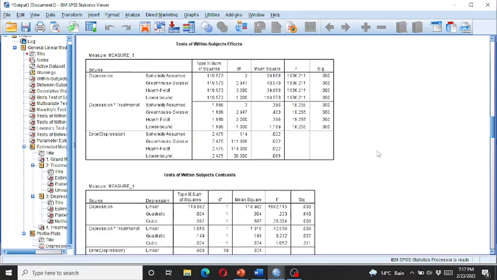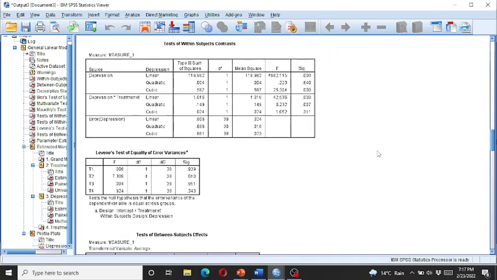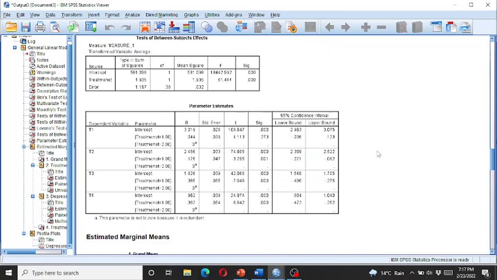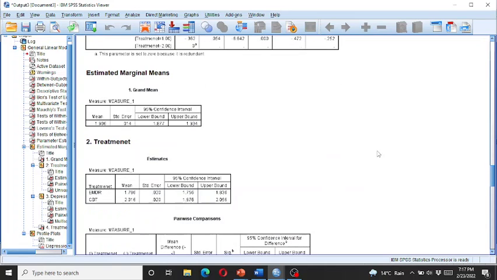And the change that has occurred from time 1 to time 4 can also be observed with the post-hoc analysis, which is given at the end of the output.